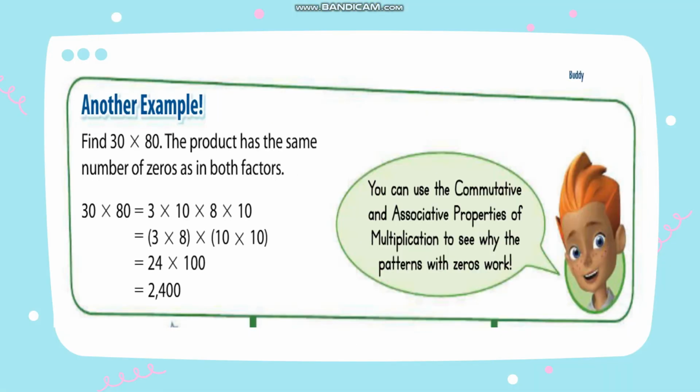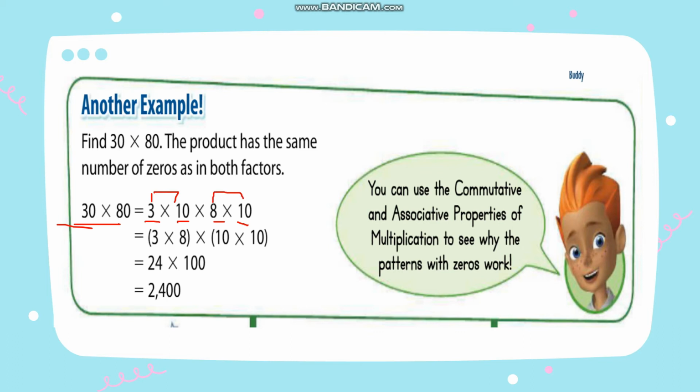Another example. Find 30 multiplied by 80. So the product has the same number of zeros as in both factors. So 30 multiplied by 80 is equivalent to 3 multiplied by 10 multiplied by 8 multiplied by 10. Because 3 multiplied by 10 is 30, then 8 multiplied by 10 is 80.